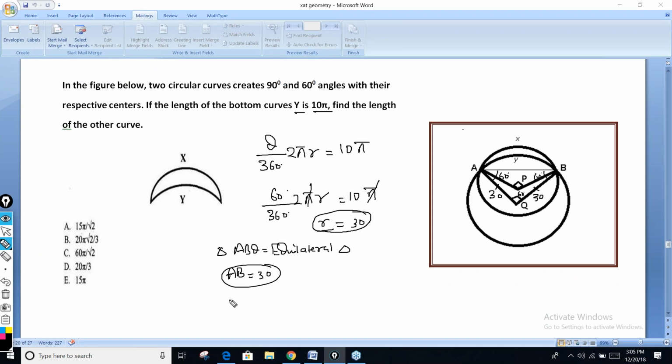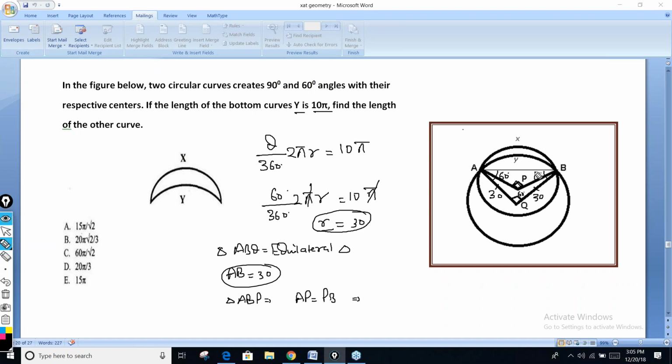Now look at triangle APB. Can you see this angle is 90? If this angle is 90 and AP and PB are equal, the remaining angles will also be equal.